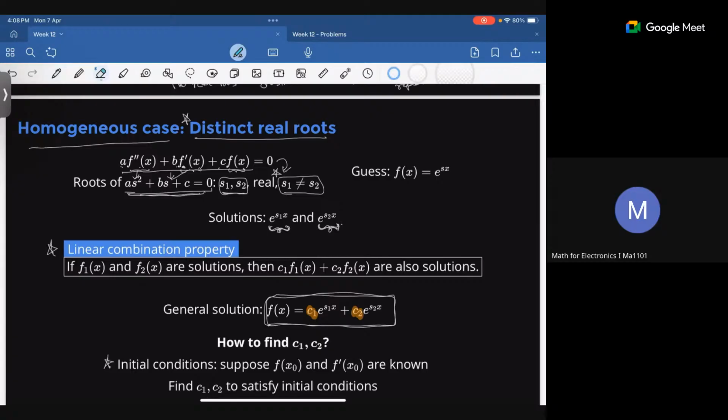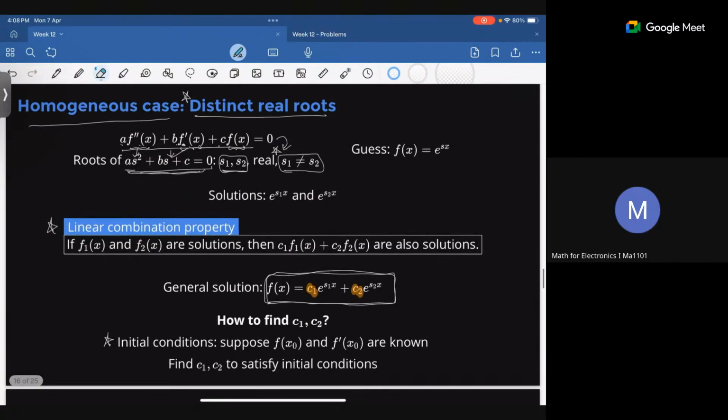Now once e power s1x and e power s2x are solutions, any linear combination of these two will also be a solution for the ODE. Therefore, the general form of the solution will look like this: f of x is equal to c1 into e power s1x plus c2 into e power s2x. This is when we have distinct real roots.